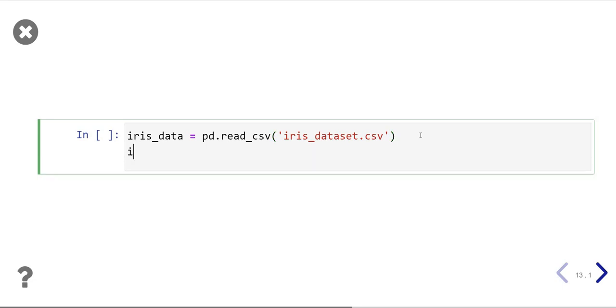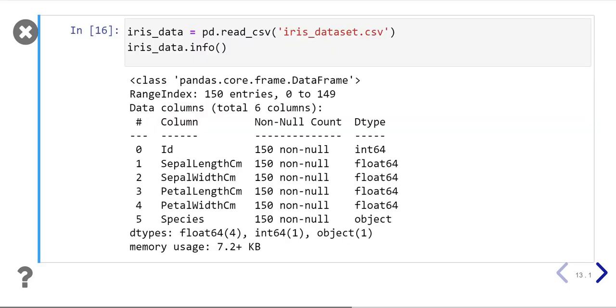So let's try to get some info on this data. What info can you derive from here? How many rows, how many columns do we have? 6 columns. What else?